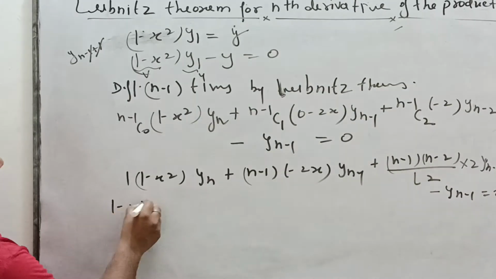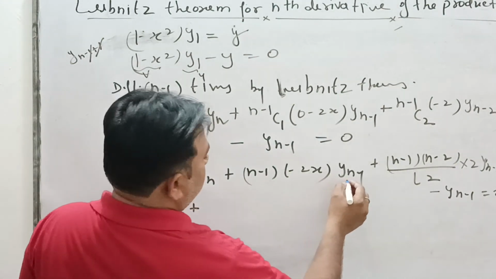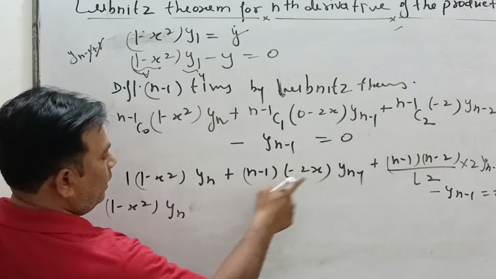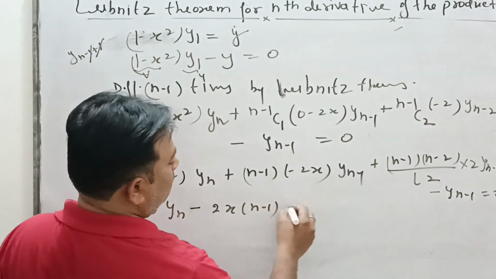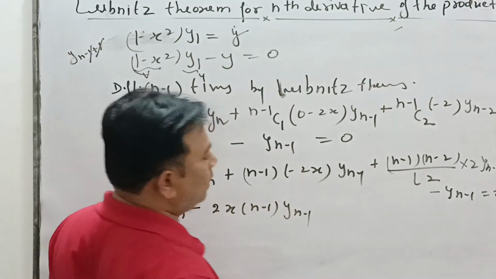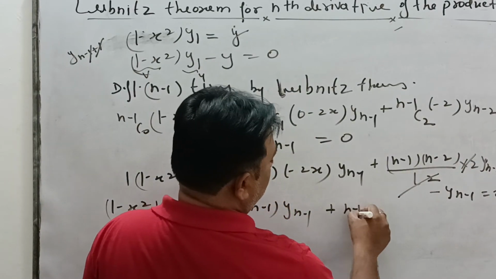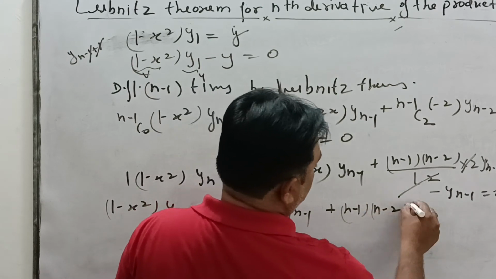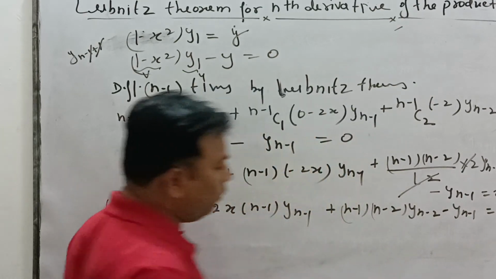So 1 minus x square yn plus minus 2x times n minus 1 y n minus 1, plus n minus 1 n minus 2 y n minus 2, minus y n minus 1, equals 0.